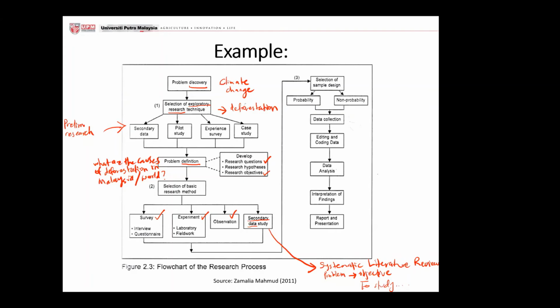Following the same thing, you will also have results, discussion and conclusion. However, for SLR, as we call it, there is no literature review chapter, because your result is the literature review.